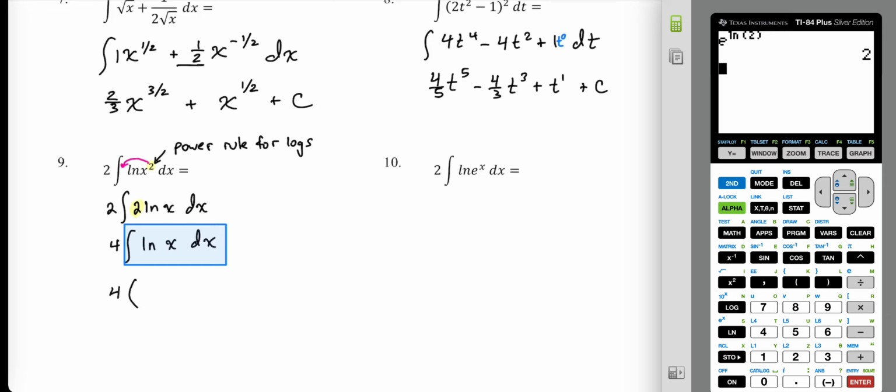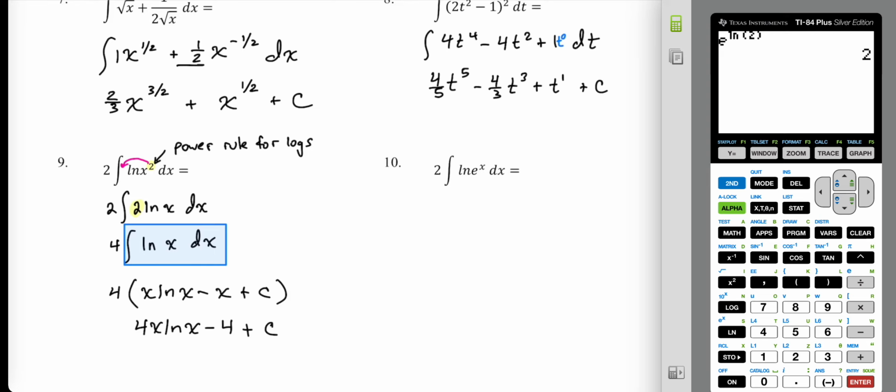So 4 times x ln x minus x plus c. So I would just run through with the 4. So 4x ln x minus 4x plus 4 times c. Constant times constant is a constant. For some of us, that's going to take a little getting used to, but that's the way of it.